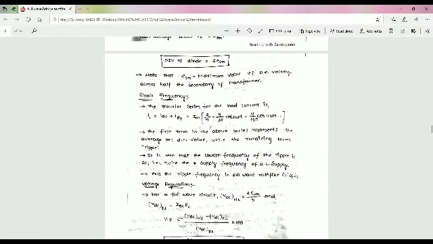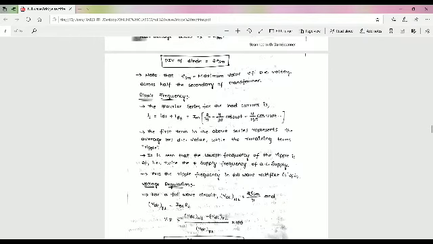For the ripple frequency, we have taken the Fourier series for the load current. This is the Fourier series. The first term in the above series represents the average or DC value, while the remaining terms are the ripples.